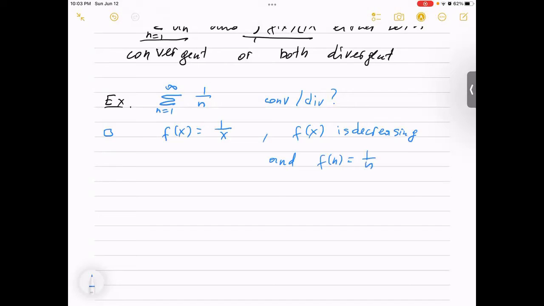So we are satisfying the conditions of our integral test, so we are allowed to use the integral test. So we conclude that the harmonic series, the sum of 1 over n from 1 to infinity, and the improper integral from 1 to infinity of 1 over x dx will do the same.